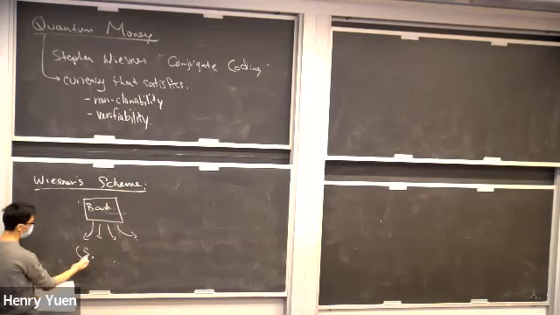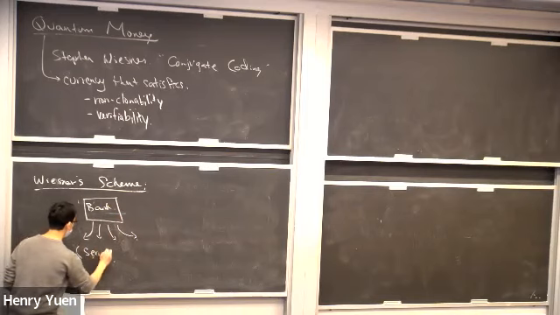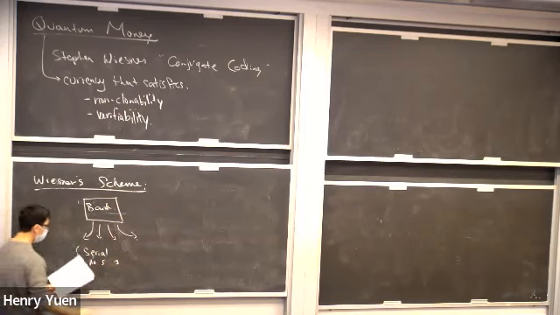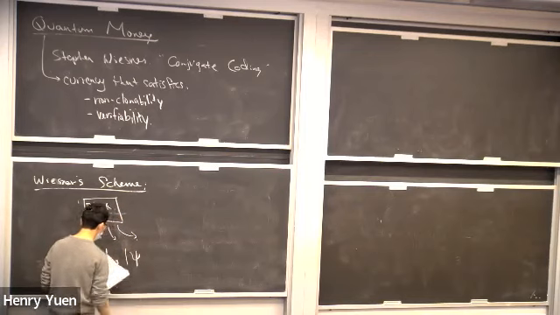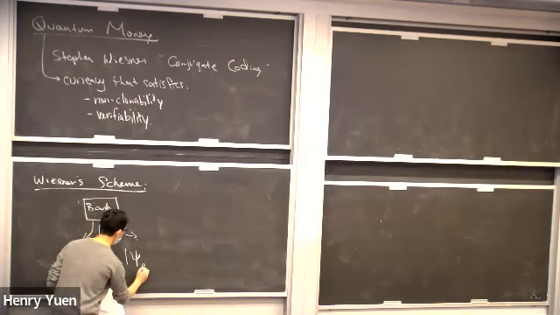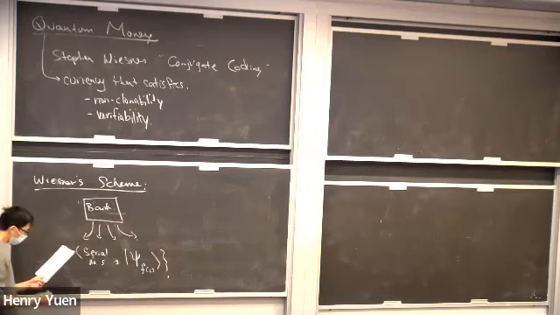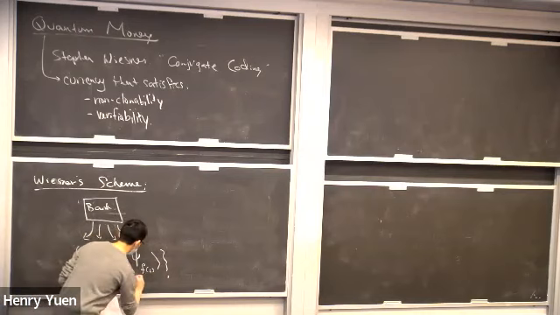It's a classical string known as a serial number, so I'll say there's a serial number S. And there's a quantum state that is a function of this serial number. And this is an n qubit state, let's say.